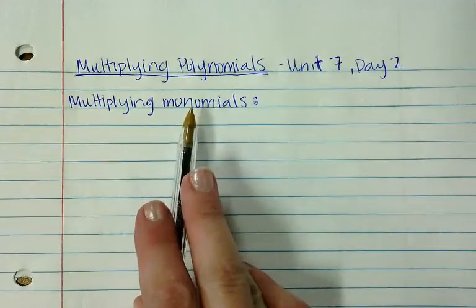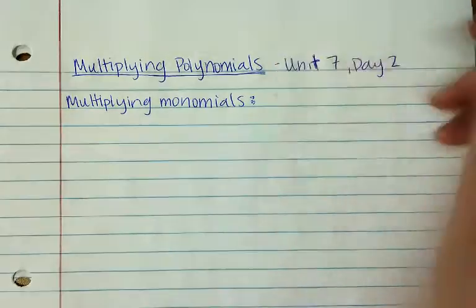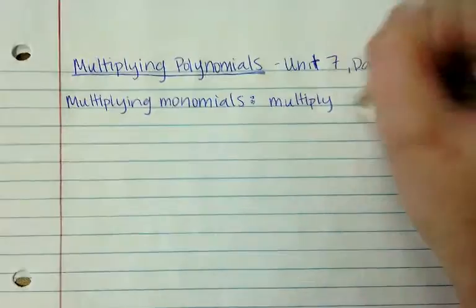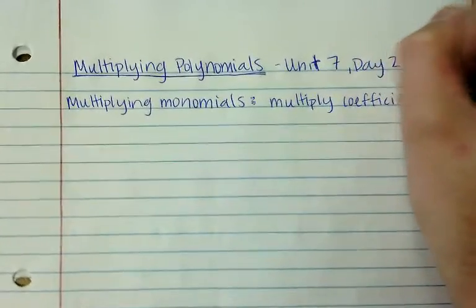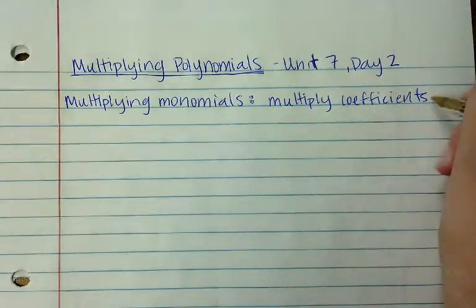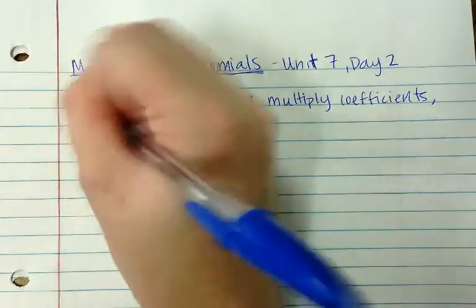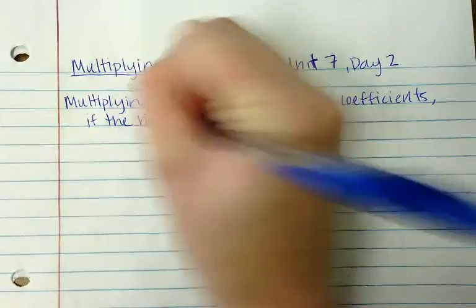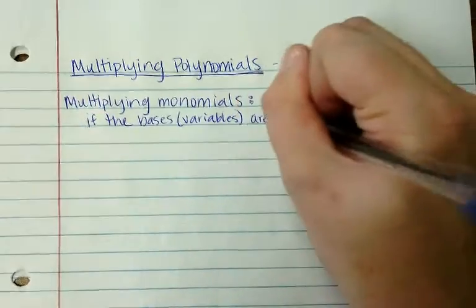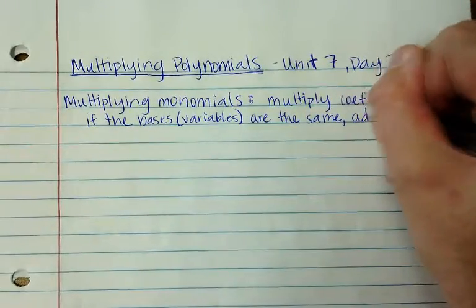And when you're multiplying monomials together, guys, remember, the first thing you always want to do is multiply your coefficients, right? And then, if the bases or variables are the same, what do you do to those exponents?